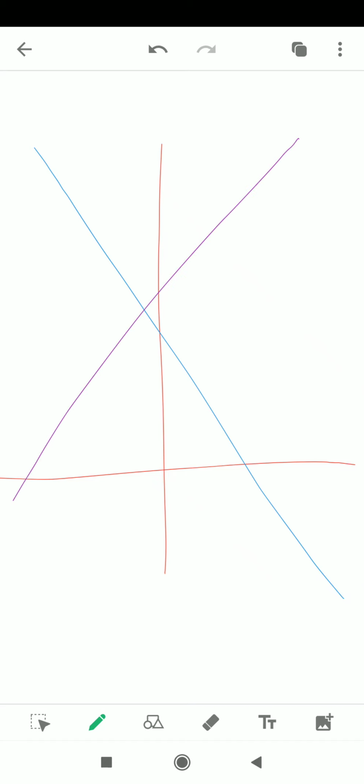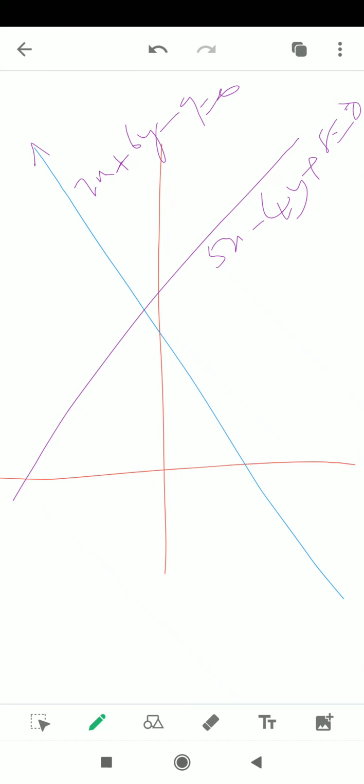So this is 5x minus 4y plus 8. This is the equation, and this will be 7x plus 6y minus 9.